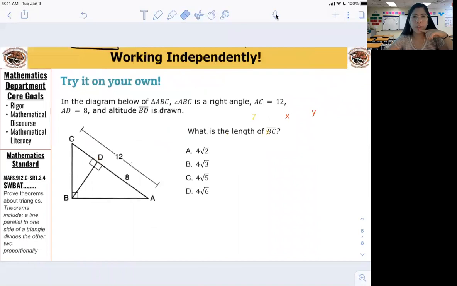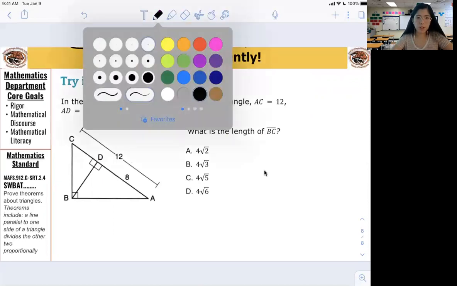Let me clear. Okay, here we go. In the diagram below, angle ABC is a right angle, AC is 12, AD is 8, and the altitude is drawn. They filled in almost everything, but I can fill in one more thing. What can I fill in?